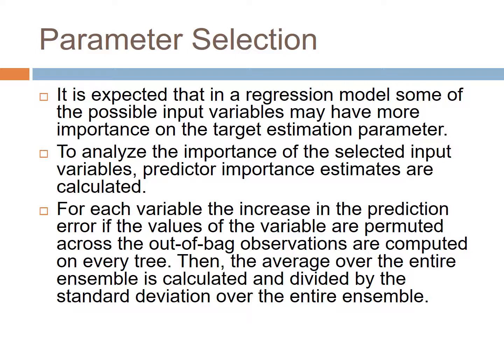So for each variable, the increase in the prediction error if the values of the variable are permuted across the out-of-bag observations is computed on every tree. We used tree sampling for parameter selection. Then the average over the entire ensemble is calculated and divided by the standard deviation over the entire ensemble.